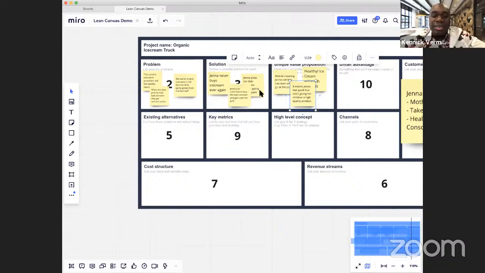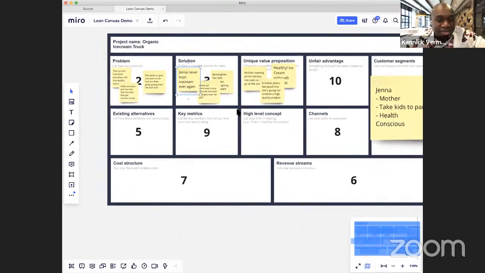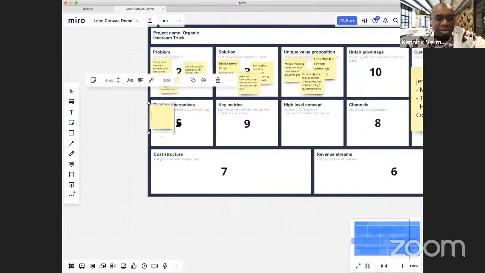This is something that isn't on the market right now. It's not one of the solutions that appear here. And it's unique. So existing alternatives, we could just rehash what we have as solutions.